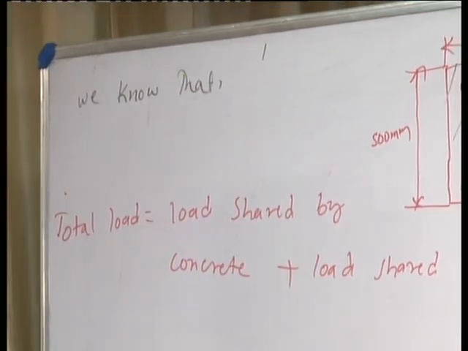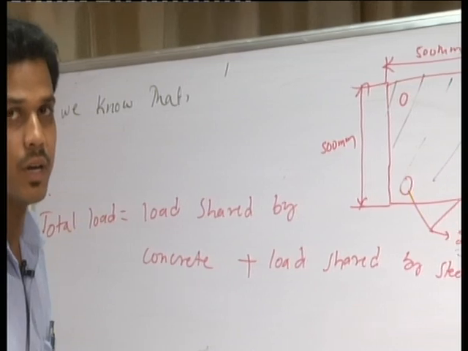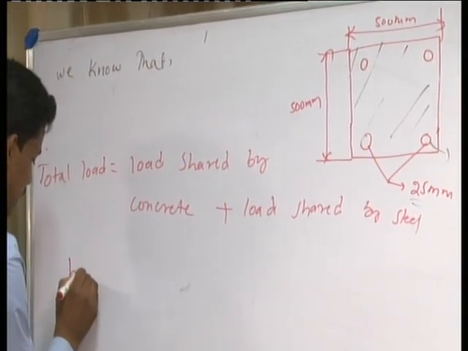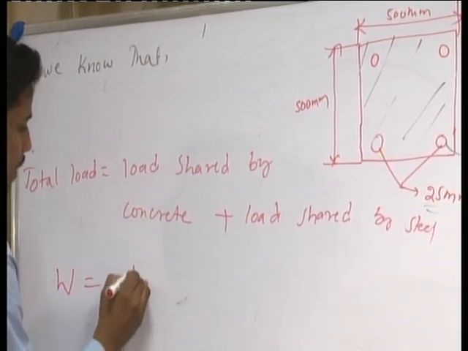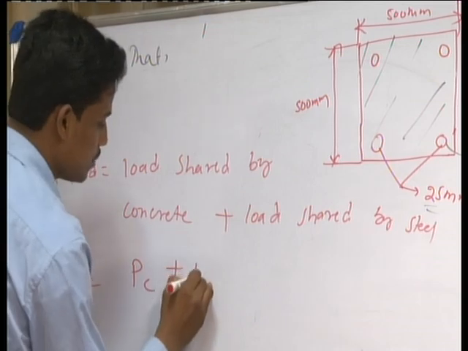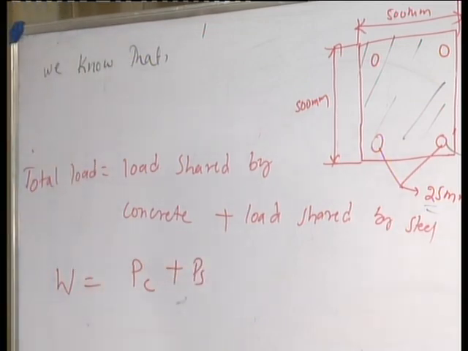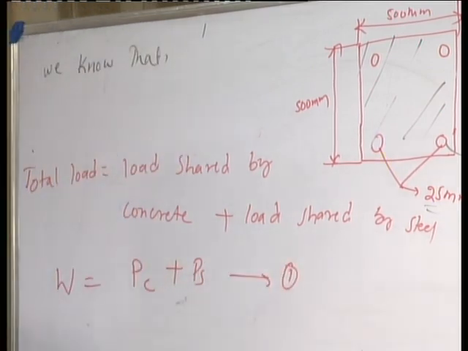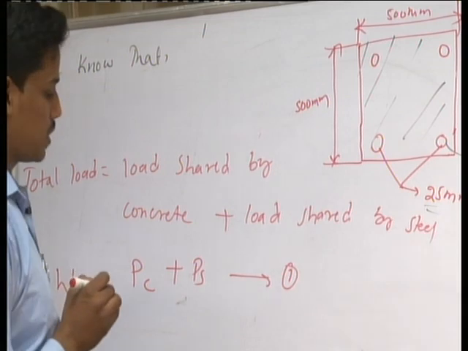Calling the total load W, and the loads shared by concrete and steel Pc and Ps, W is equal to Pc plus Ps. We call this equation number 1.